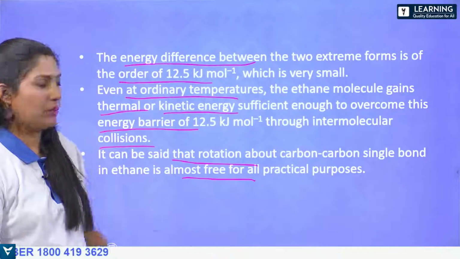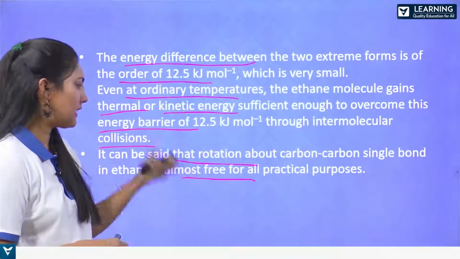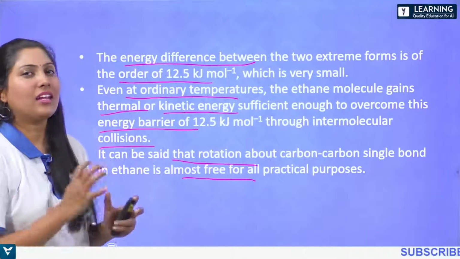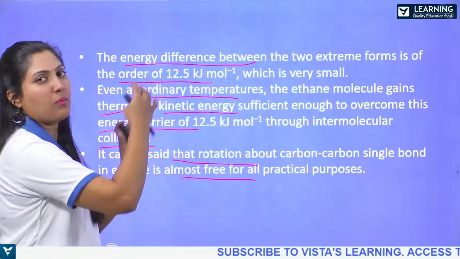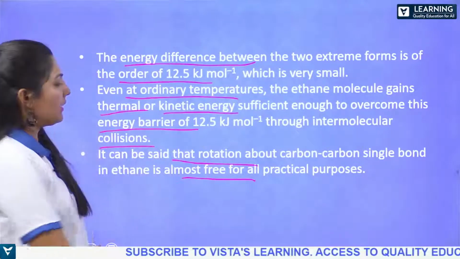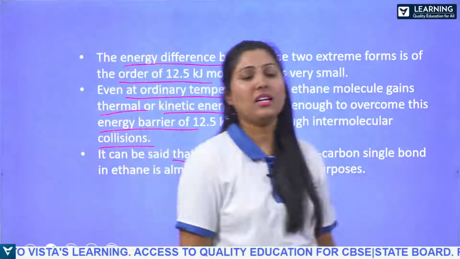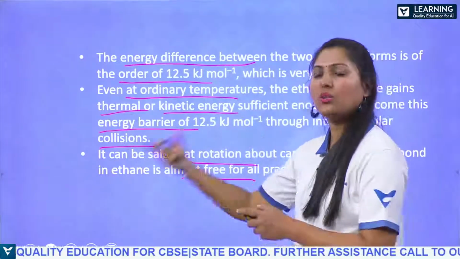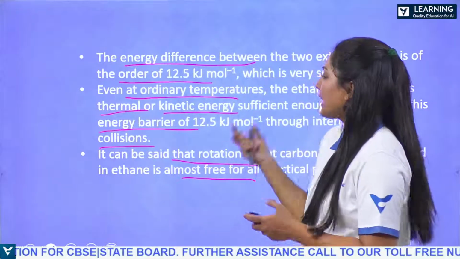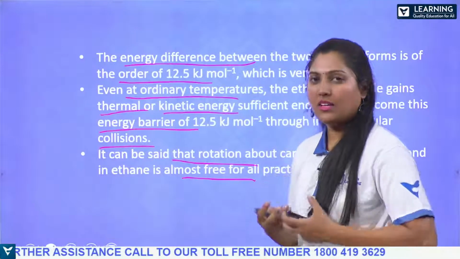If you are taking other molecules other than ethane, they will need higher energy to change from eclipsed to staggered. But in the case of ethane, it is not like that. What happens here is that there is a very small energy difference between the two conformations. So they can gain this energy easily from thermal or kinetic energy.